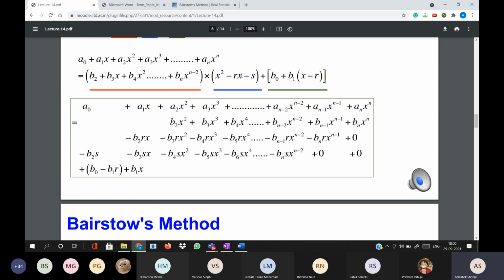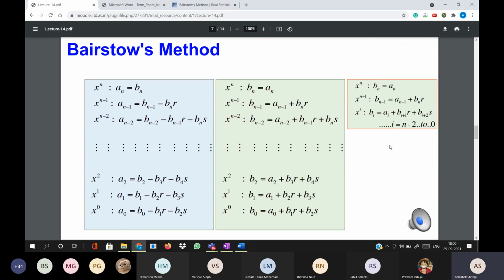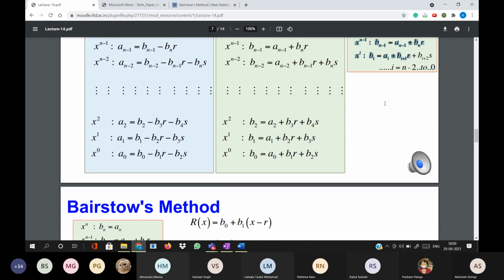Then we multiply it out and collect the coefficients of the various terms, the constant term, the x term, the x square term and so on up to x^n.